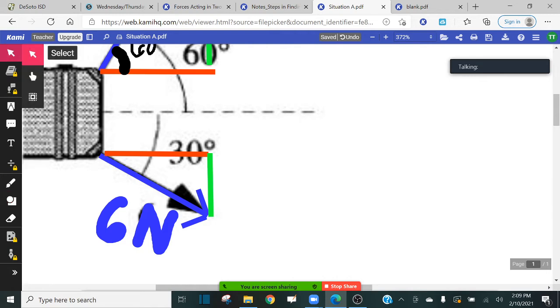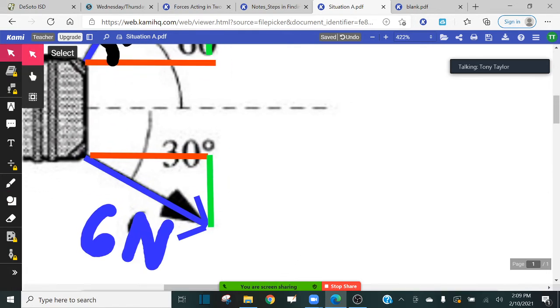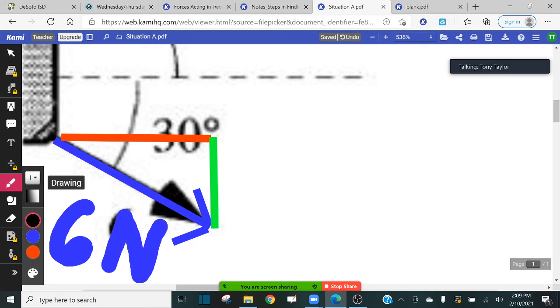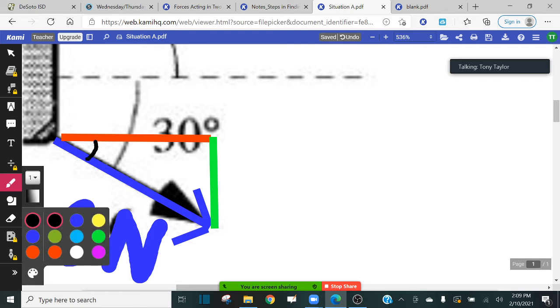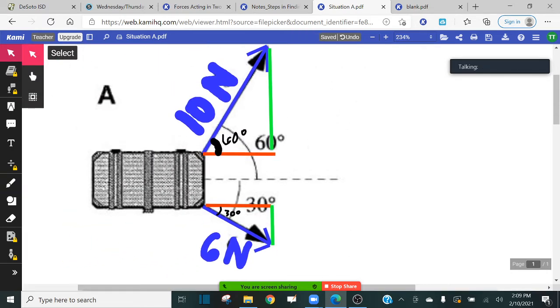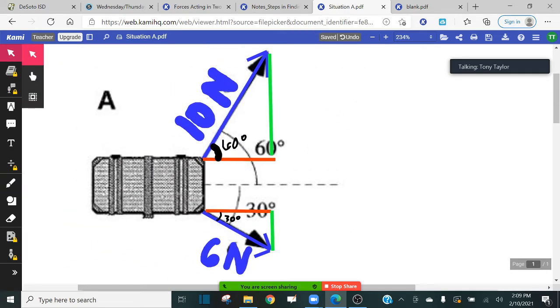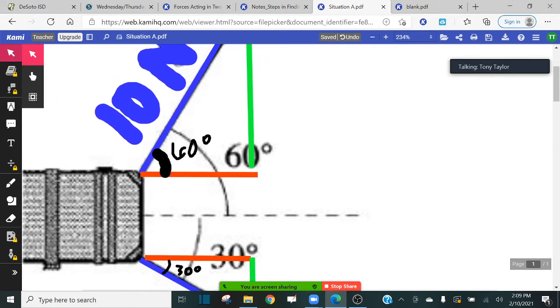Okay. And we all should be able to see right here that this angle here is 30 degrees. Okay. All right. So guys, we're still on step one. We're splitting these vectors up into its x and y components.